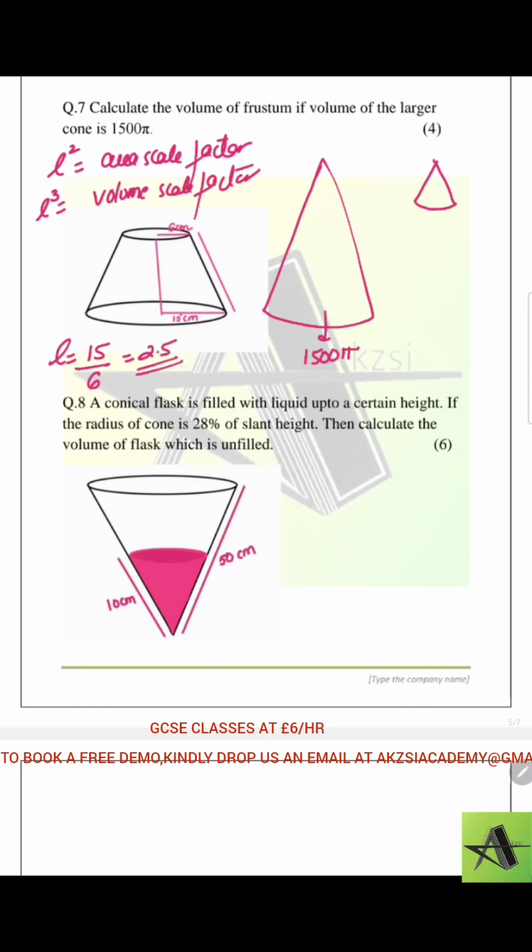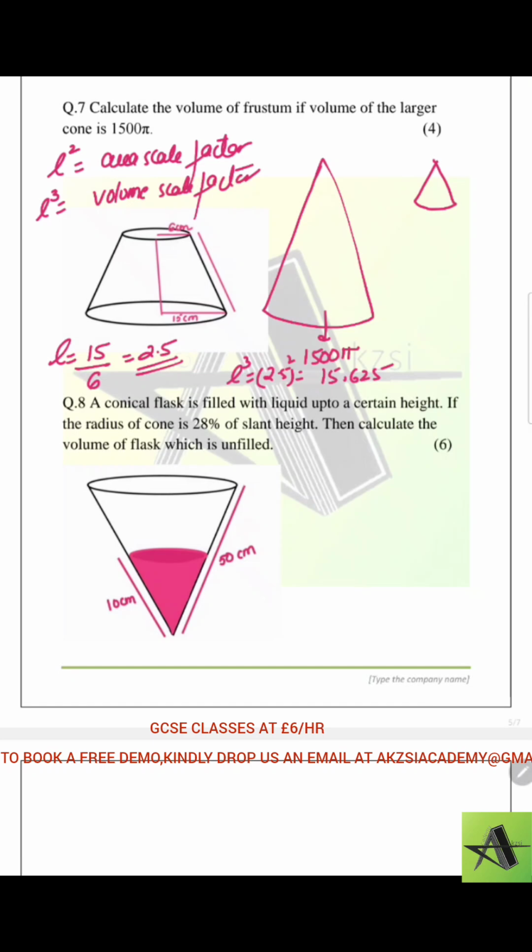If 2.5 is the length scale factor, I need to cube it, which will give me 15.625. So L cube, or cube of 2.5, will give me 15.625. 15.625 is your volume scale factor.